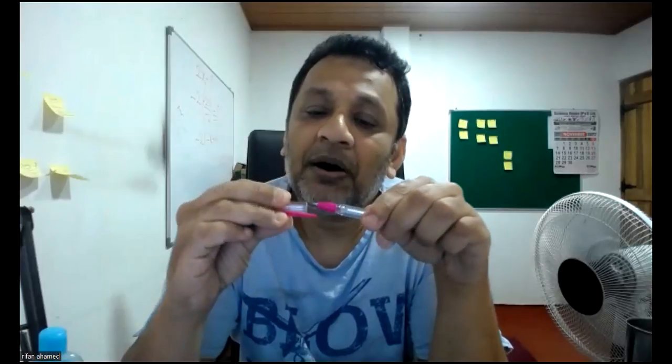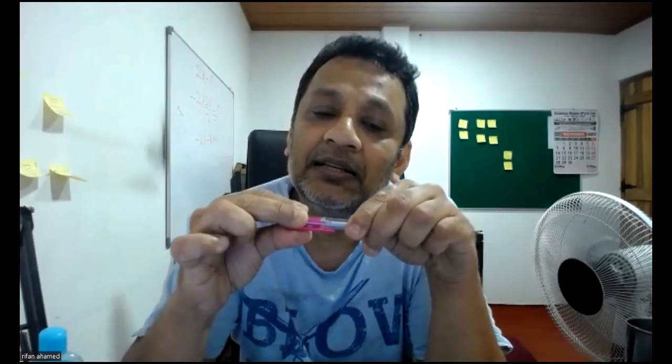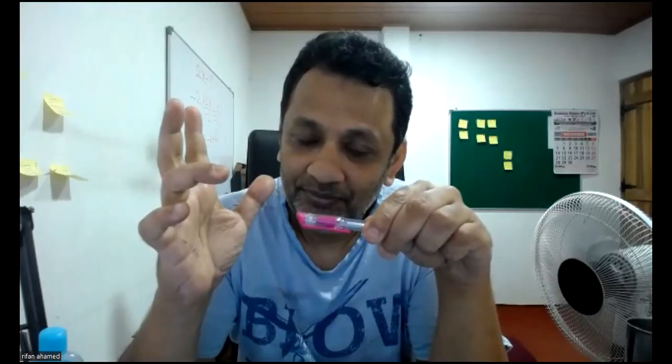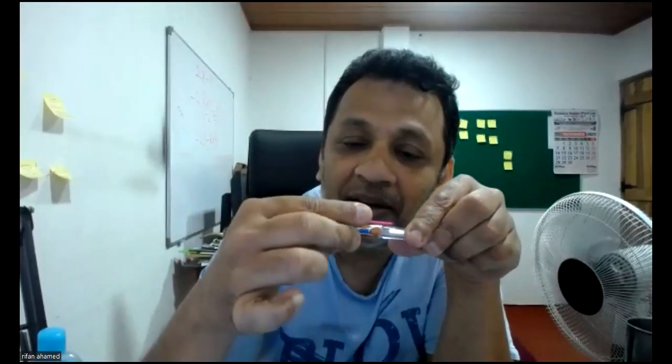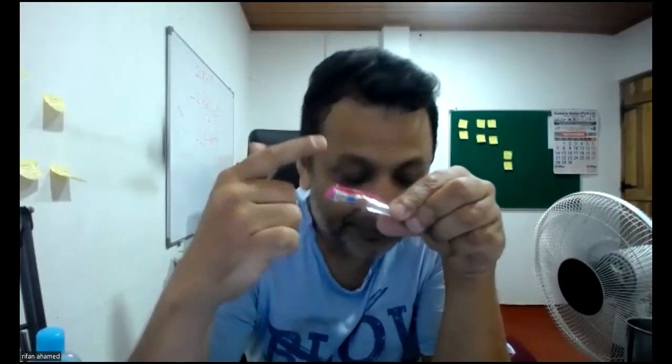This one's shape and this one's shape are fitting with each other, that's why they lock. So we can say this shape and this shape are complementary. Complementary nature. One fitting with the other.